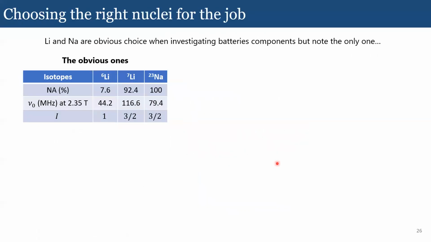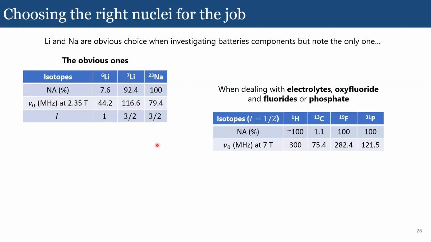So after that, I was talking only about the obvious nuclei and which one to choose, but you have many more than just lithium and sodium in a battery. For example, if you're dealing with electrolytes, oxyfluorides, fluorides, or phosphate systems, well, proton, carbon, fluorine, and phosphorus are all spin 1/2 and have very good NMR properties.